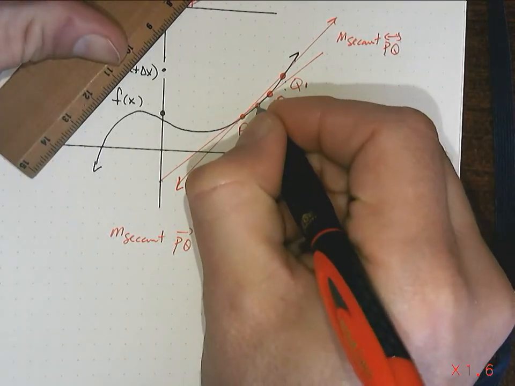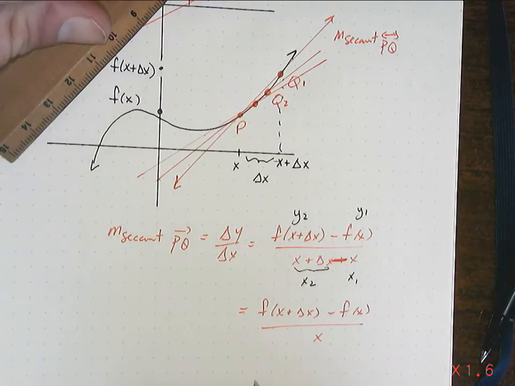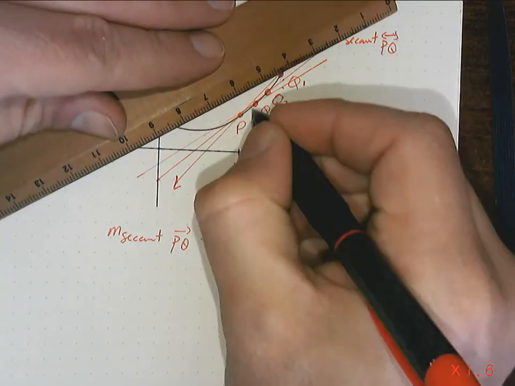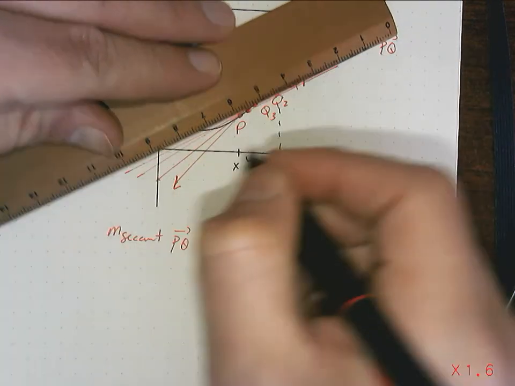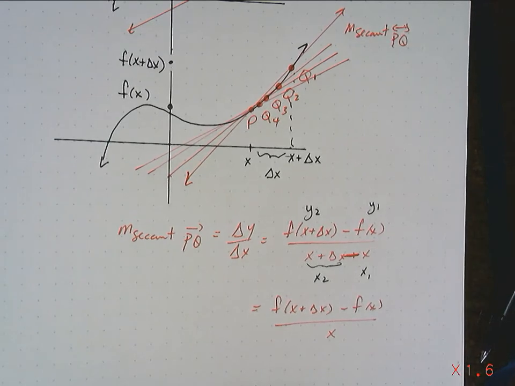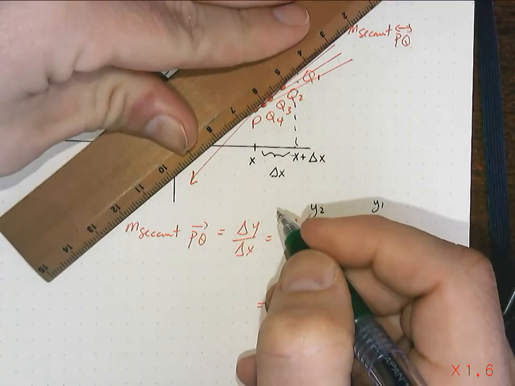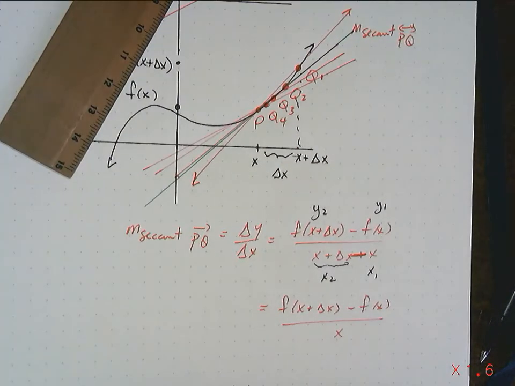And then we'll move it even closer. And notice what's happening to the slope of the secants. As I keep moving Q closer and closer to P, I keep getting a secant line that is getting closer and closer and closer to the actual slope of the tangent line.